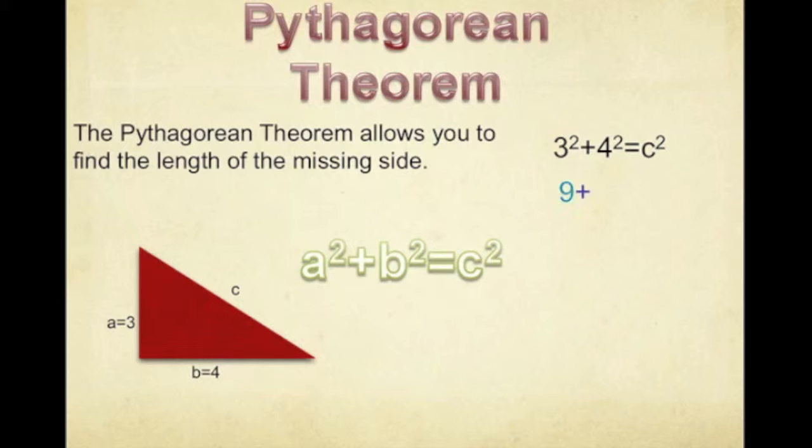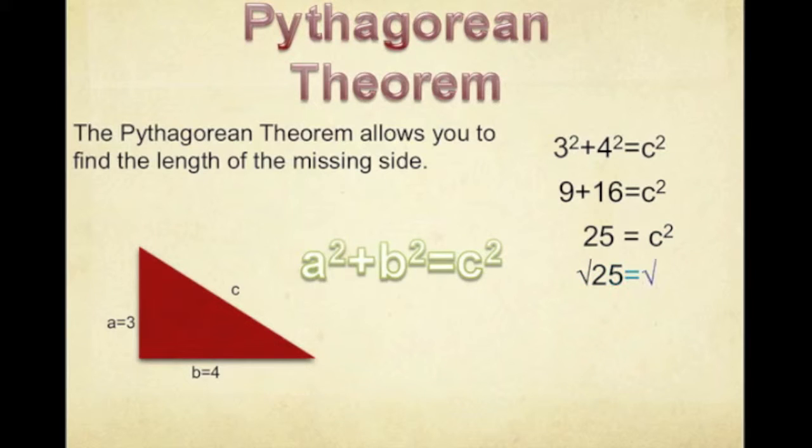3 squared is 9, and 4 squared is 16, equals c squared. 9 plus 16 is 25. 25 equals c squared.